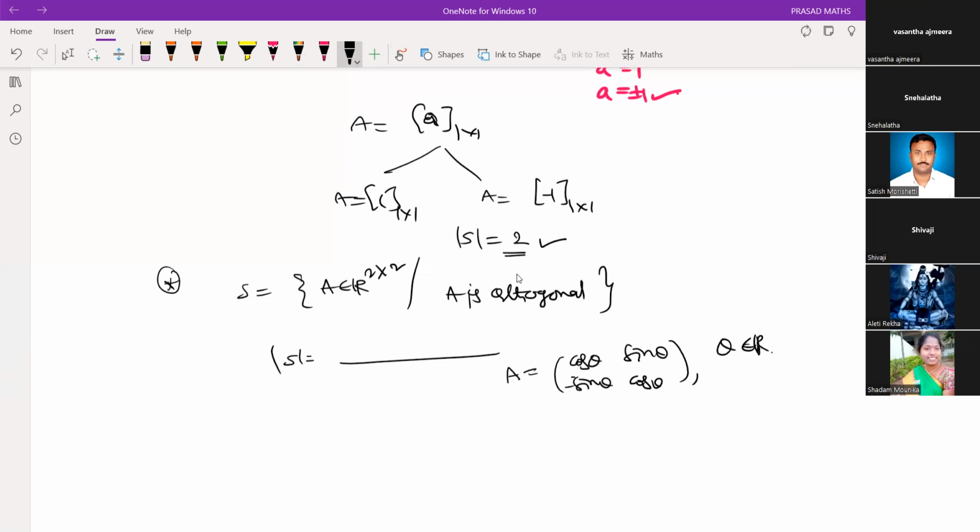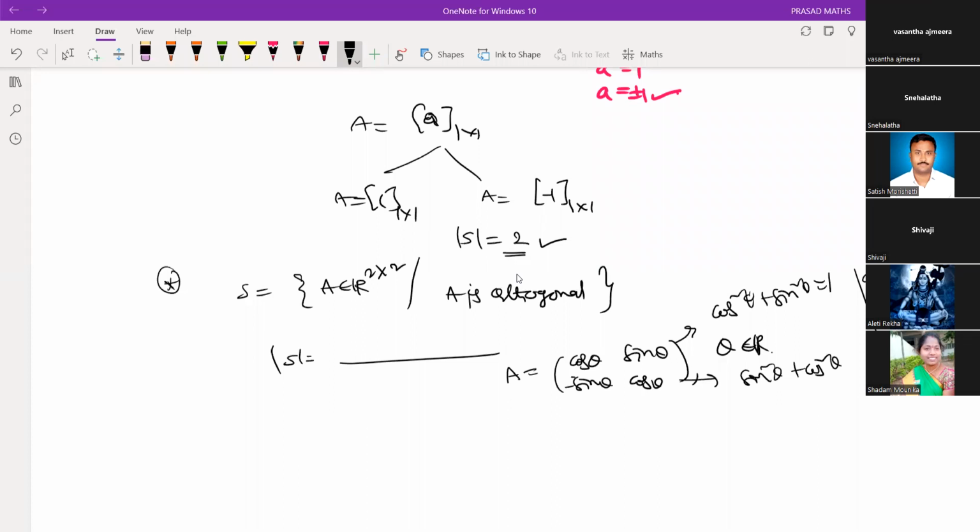We have seen that the sum of the squares of the first row is 1. The sum of the squares of the second row is also 1. And the product of any two distinct rows is 0. Therefore, it is an orthogonal matrix. Now my question: how many such matrices are there?